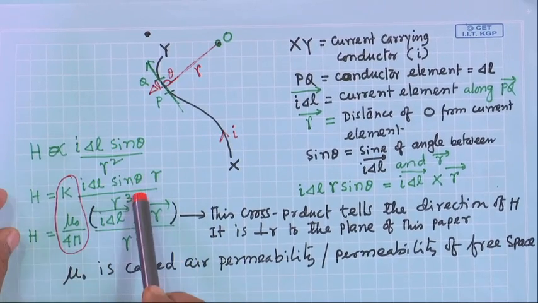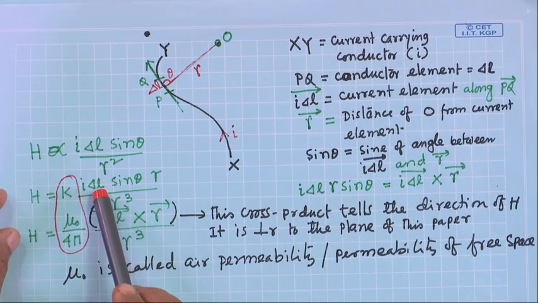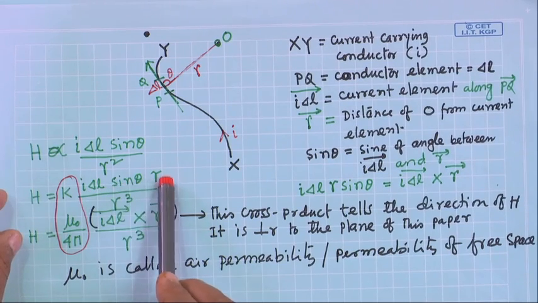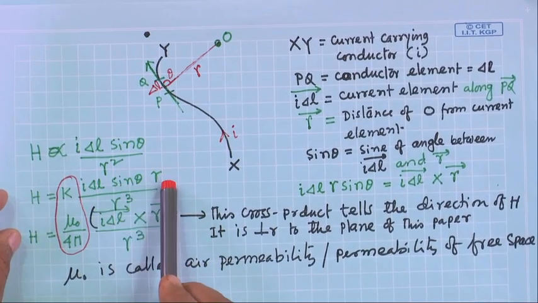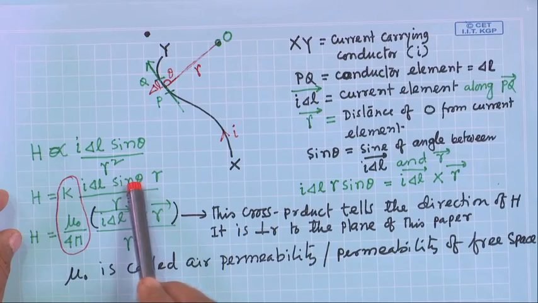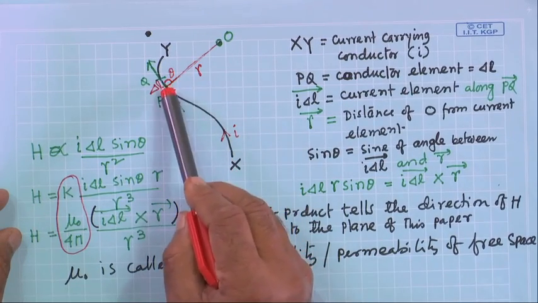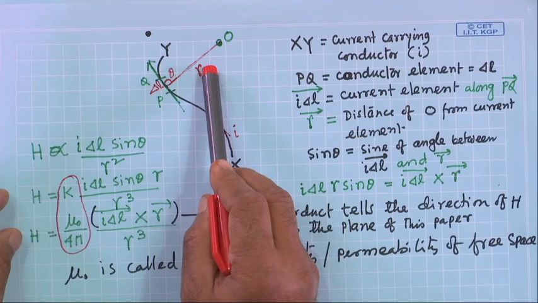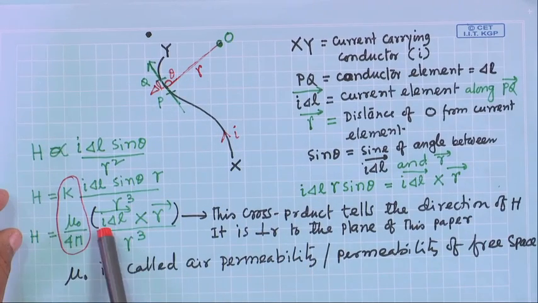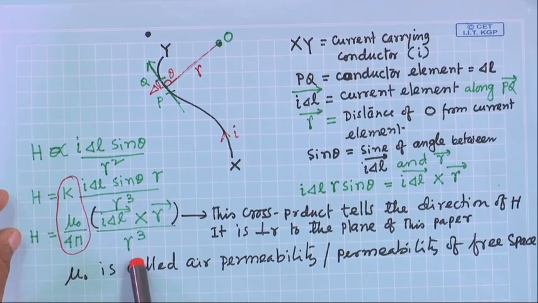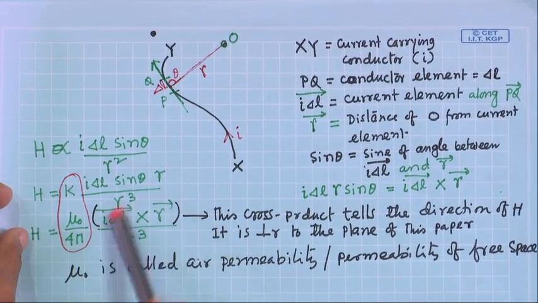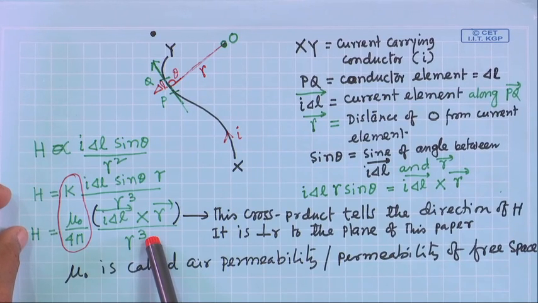So, now I dl sin theta r. We can take the cross product of dl cross r, because of the angle between dl and r, the cross product will give sin theta. So, we can write I dl cross r by r cube. So, this is the vectorial form of the Biot-Savart law.